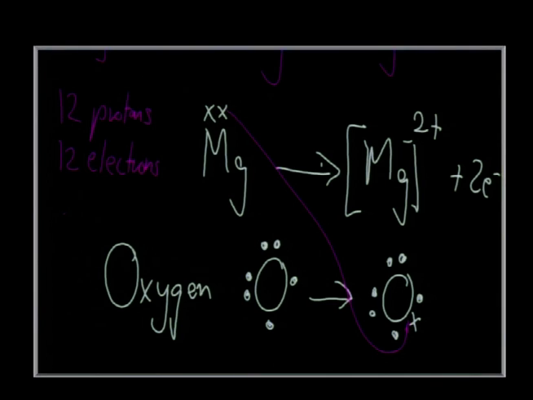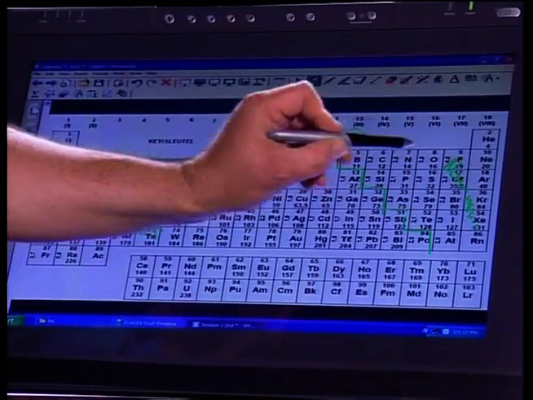But now you can't just gain an electron. You've got to change the charge. It now has 2 electrons more than protons. Look at the periodic table. Again, oxygen is number 8, so it had 8 protons, 8 electrons. If it gains 2 electrons, it's got 2 more electrons than protons.